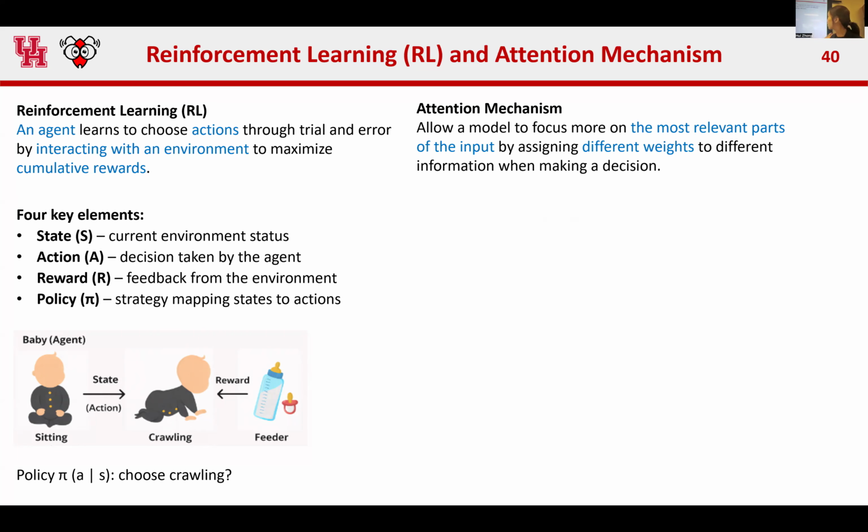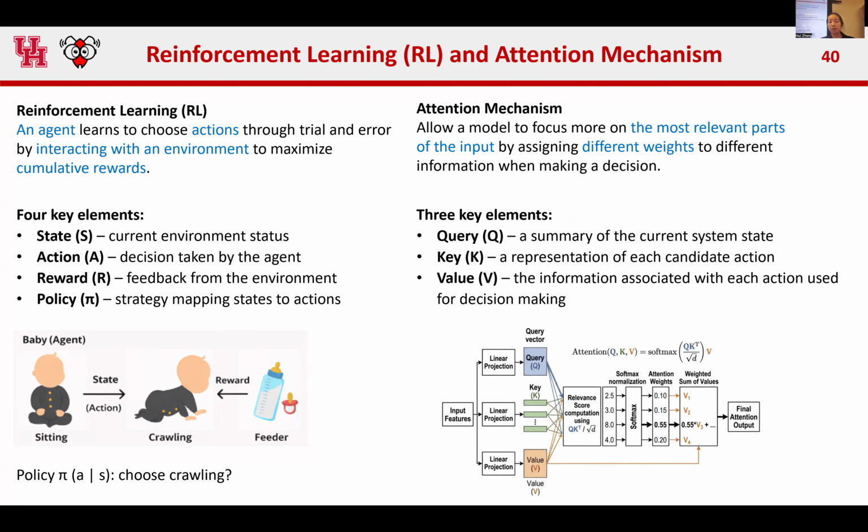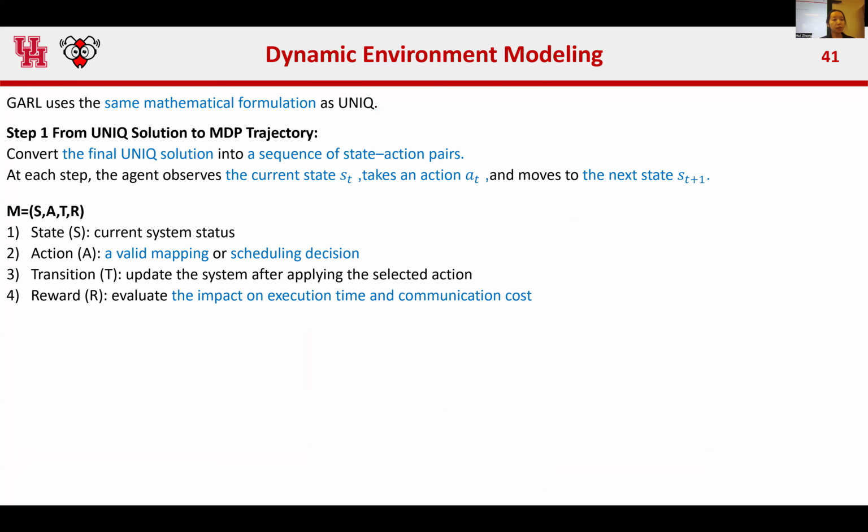The attention mechanism allows a model to focus more on the most relevant parts of the input by assigning different weights to different information when making a decision. It also has 3 key elements: the query, the key, and the value. In simple words, attention helps select the best matching action for each state. Then we will talk in more detail about our 5 steps as mentioned before.